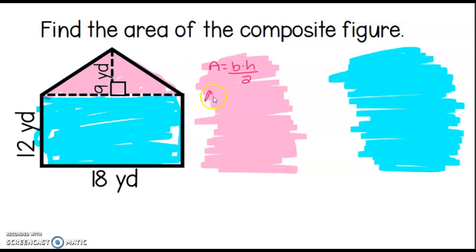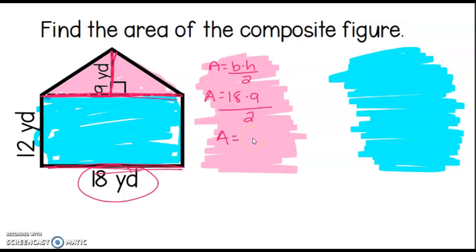My base, even though this 18 is down here, if this whole side down here is 18, that means that this side here is 18 as well. So it is 18 times my height, which is 9, divided by 2.